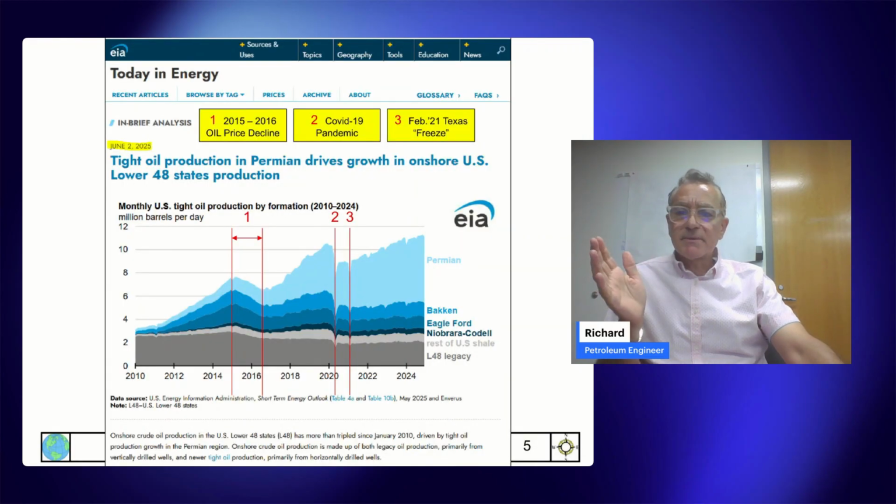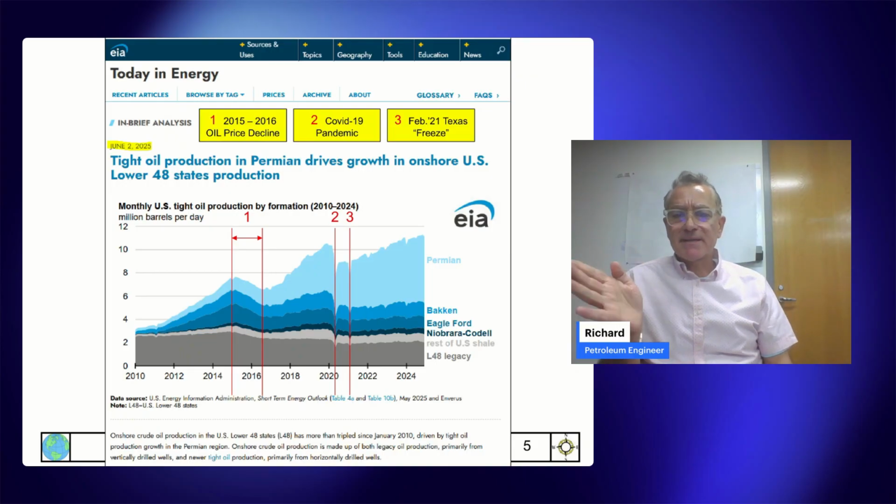Now this here is from the EIA site. This is a very, very recent snapshot of it. And what I'm looking at, this here is in the last, well, I'm pretty sure it was August the 15th. It's in the last week. And what I'm looking at here is the EIA's website, specifically on the tight oil production in the Permian Basin and other areas in the United States.